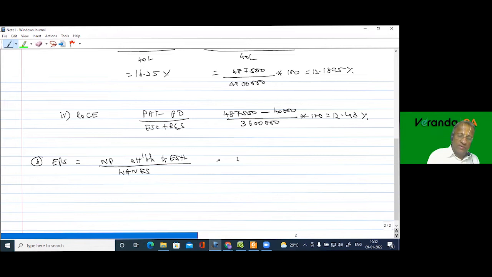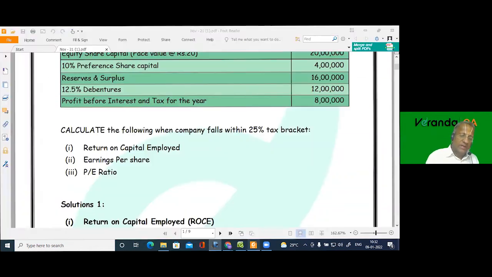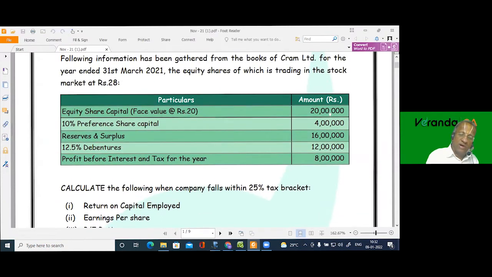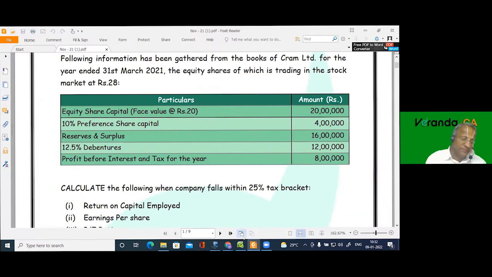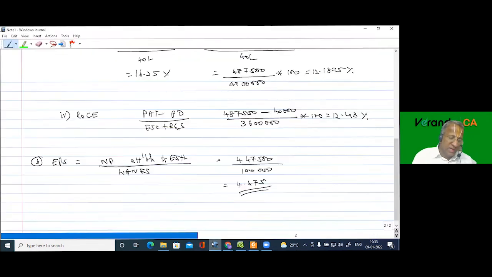So it is 4,47,500 divided by the number of equity shares that you have: 20 lakhs divided by 20. That should give you a lakh of equity shares. So earnings per share is 4.475. That is what we have got to take.